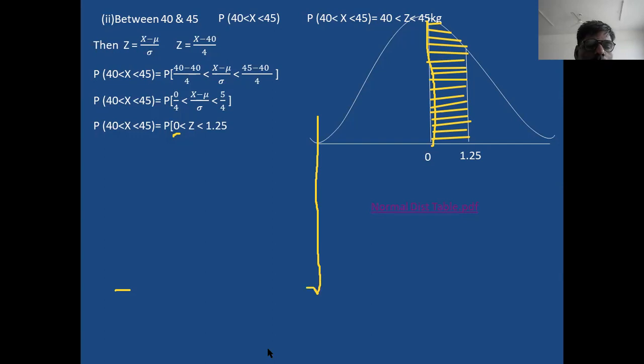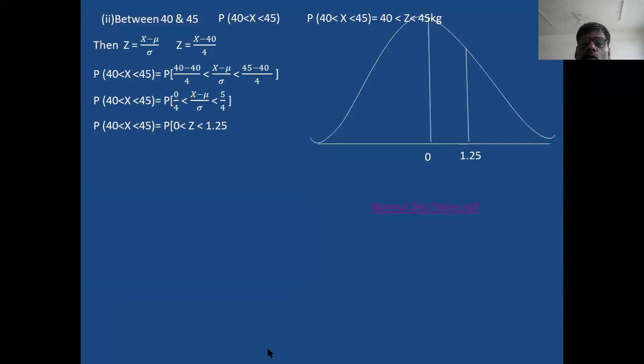What is the number here? You see the number and tell me. What is the value of 1.25? 1.25 means 1.2 natural number, fifth column. Its value is 0.3944. This is the value. This value you take.